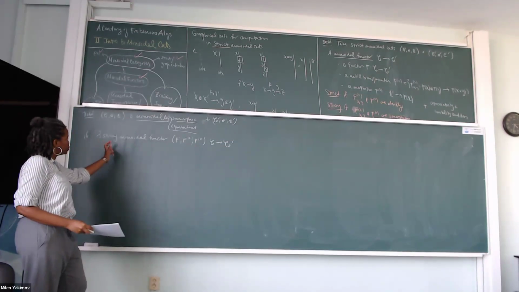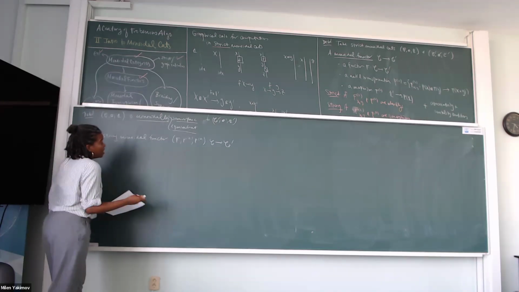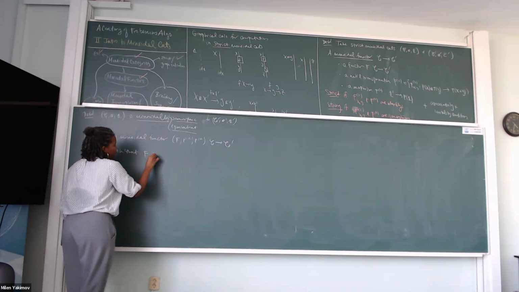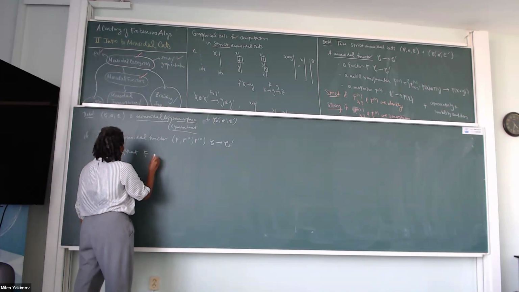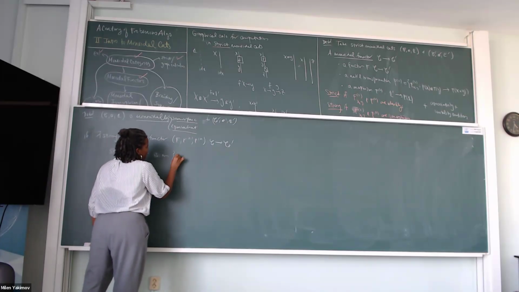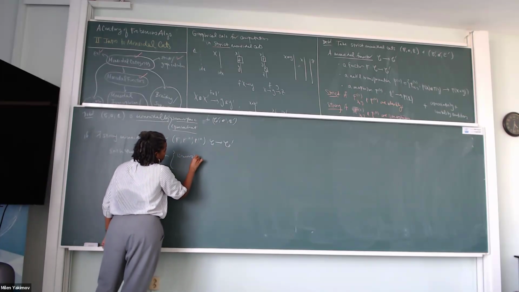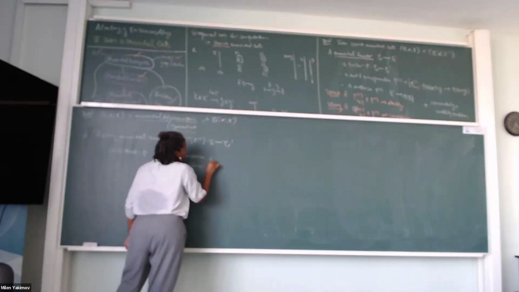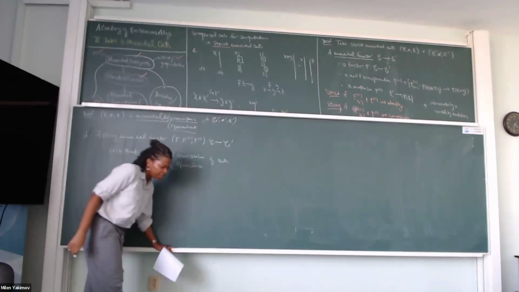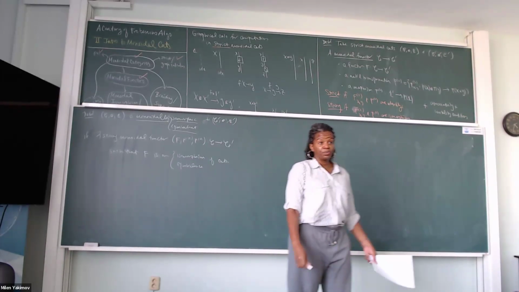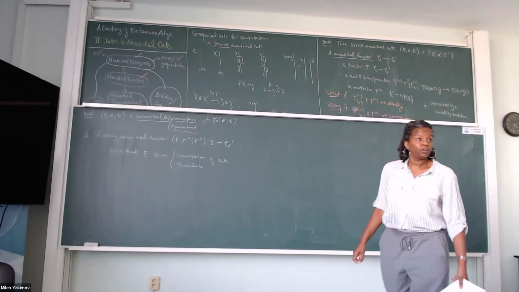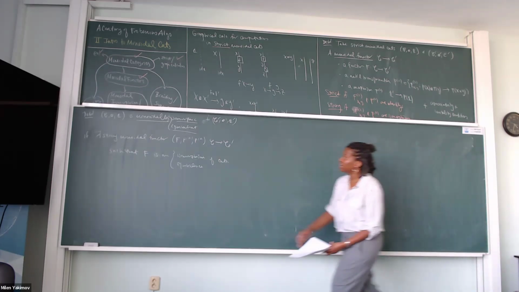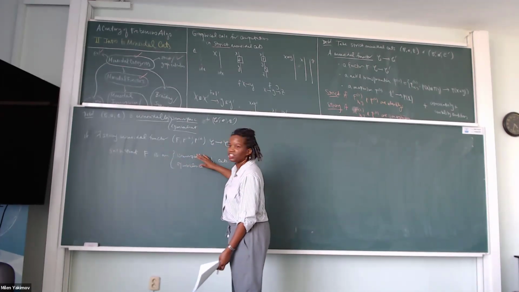So that's how we port the structure going from C to C prime, but we want the underlying functor F to be an isomorphism, or respectively an equivalence of categories. Okay, so for instance, if you have two groups and you want to know if they're isomorphic, what you do is you produce a group homomorphism that's bijective. So this is like our group homomorphism, and this is like our bijection.